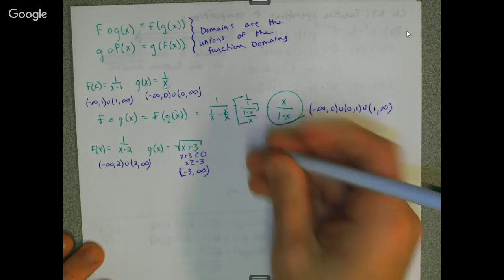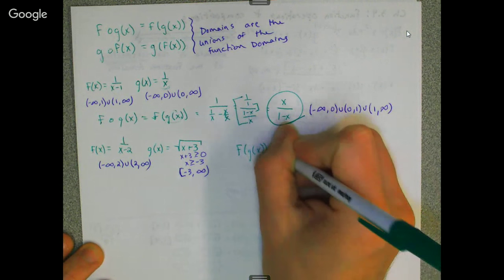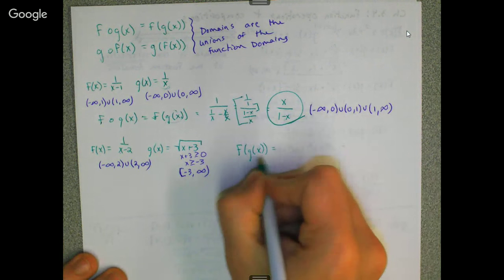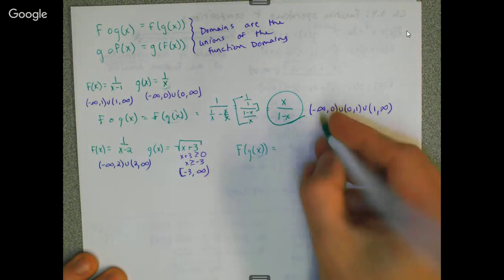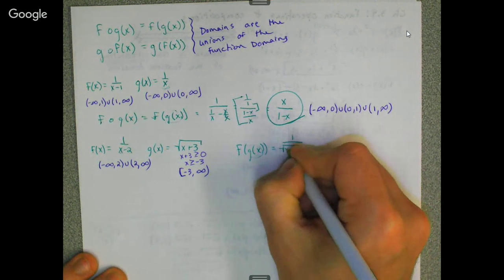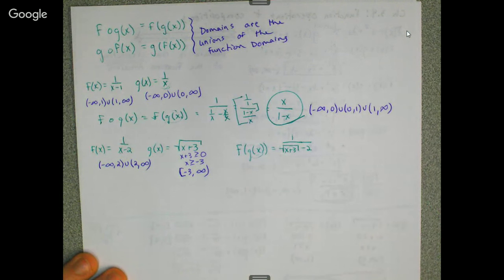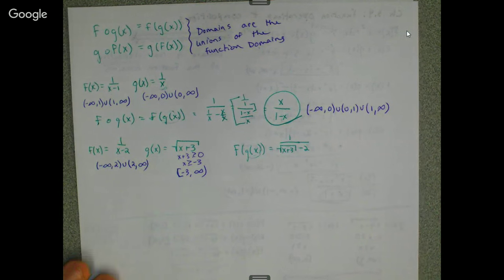And we want to find what is f of g of x. So you're taking the g function and putting it into f. So I have 1 over radical x plus 3 minus 2. That's what I have. Now I want to look at the domain. The domain is the union of both of these.